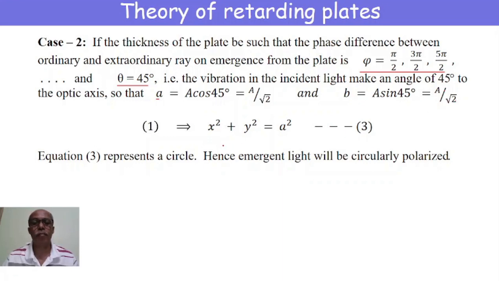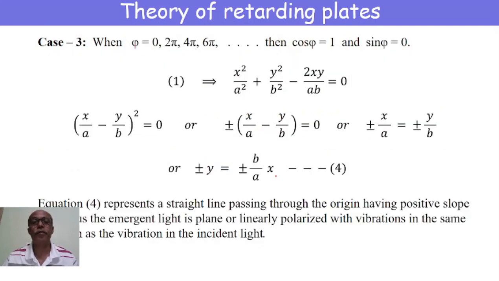Therefore, equation 1 becomes x square plus y square equals a square. This represents a circle. Hence, emergent light is said to be circularly polarized if the thickness of the crystal is such that it produces this phase difference and theta equals 45 degrees. In the previous case, case 1, light is said to be elliptically polarized.